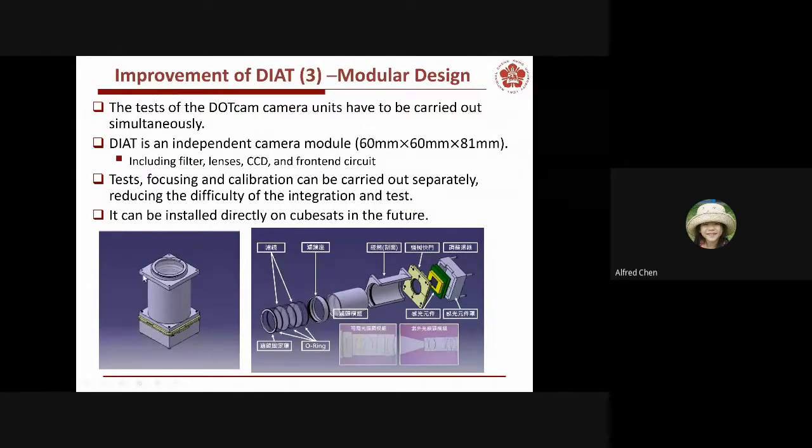So these modules can be tested independently. The test, focusing, and calibration can be carried out separately, which reduces the difficulties in design, integration, and testing. Furthermore, this module can be installed directly on CubeSats in the future.